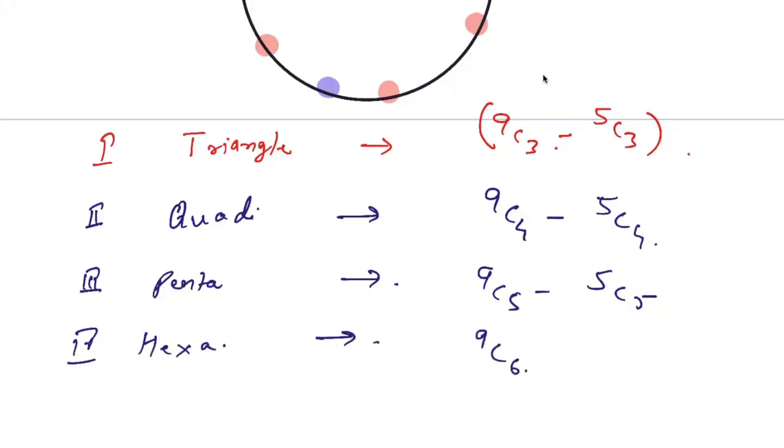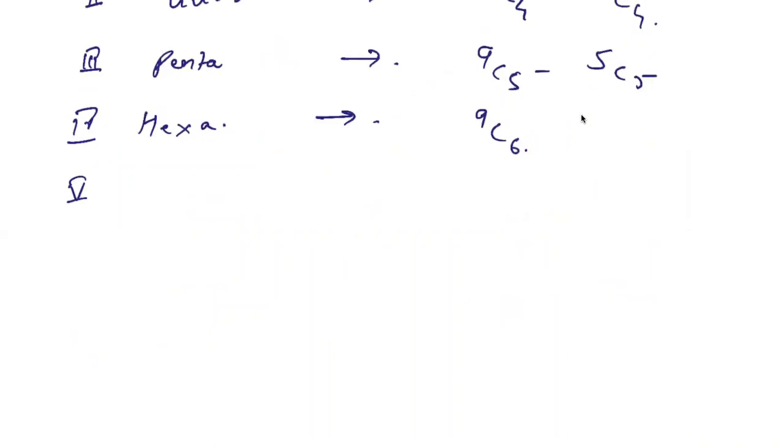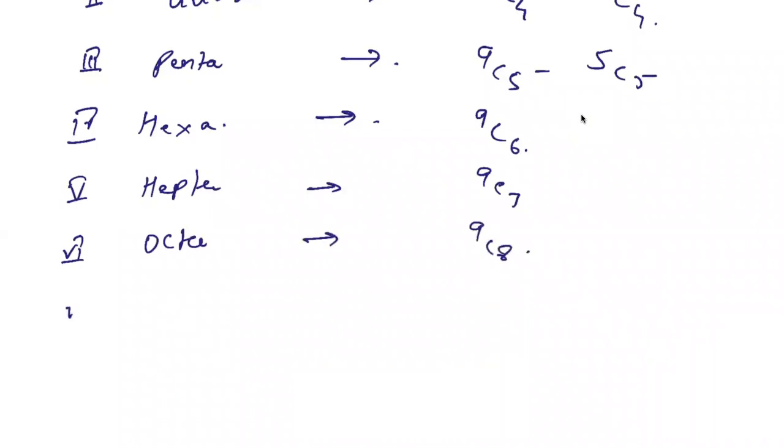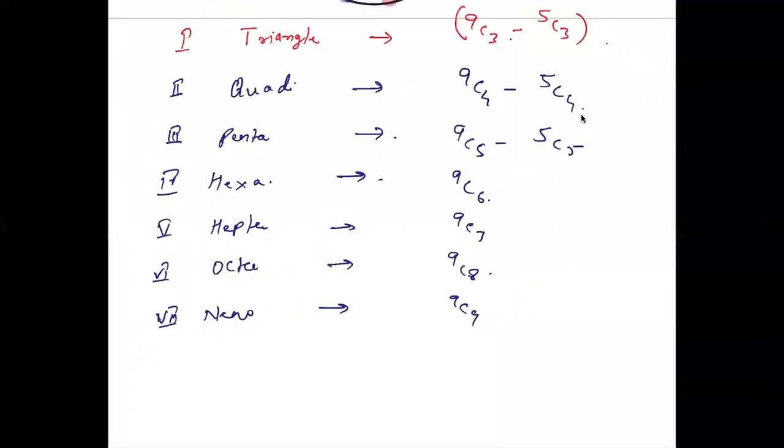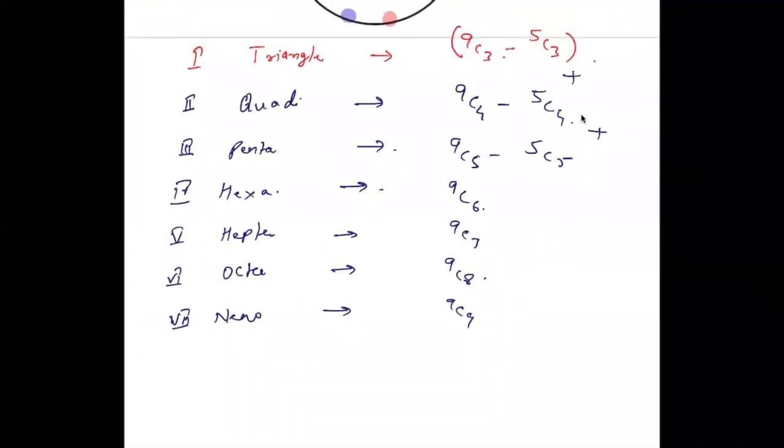So for 9C6, 100% every time we will select at least 1 point that must be blue. Now the heptagon will be 9C7, right? Octagon, 9C8, and the nonagon is 9C9. If we add all these things, you're getting your answer for any circular arrangement.